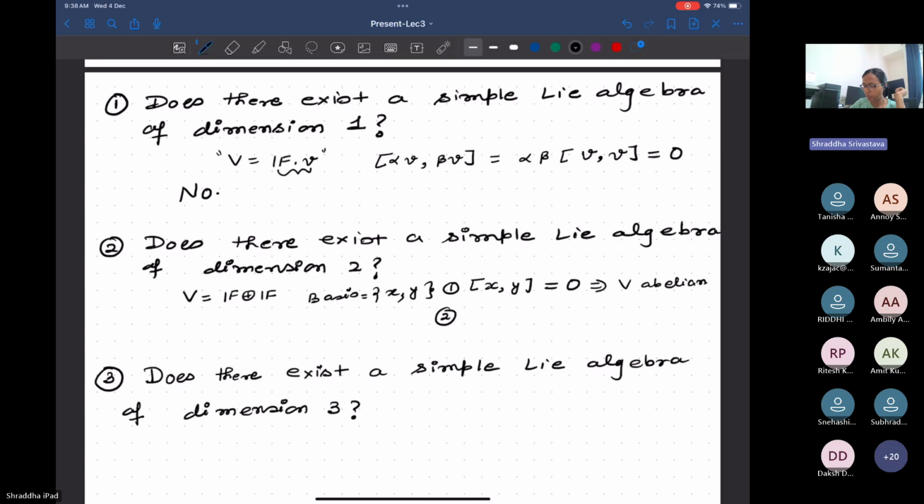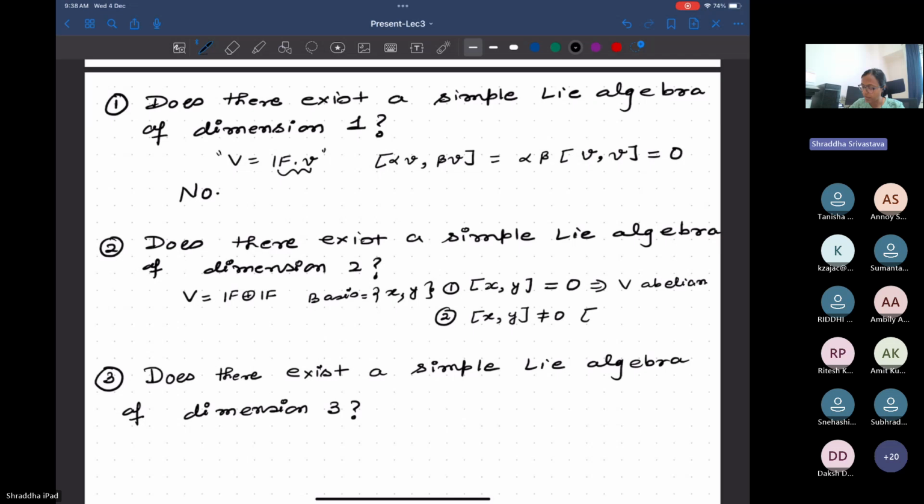So the question is, can you define a non-zero commutator? Can it happen? The answer is, it is possible. Suppose you have a commutator where the only important commutator, the commutator of x and y, is non-zero.